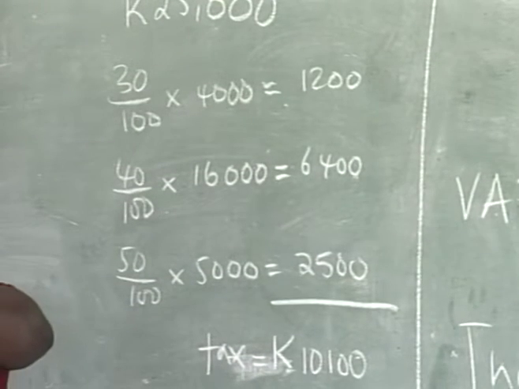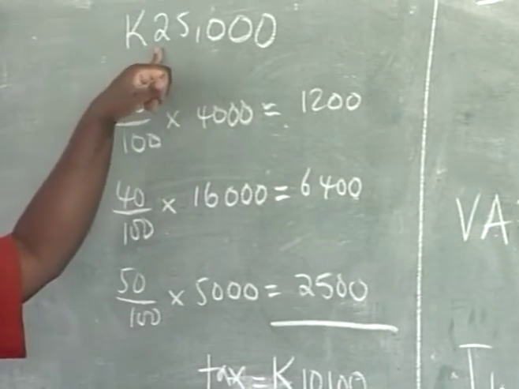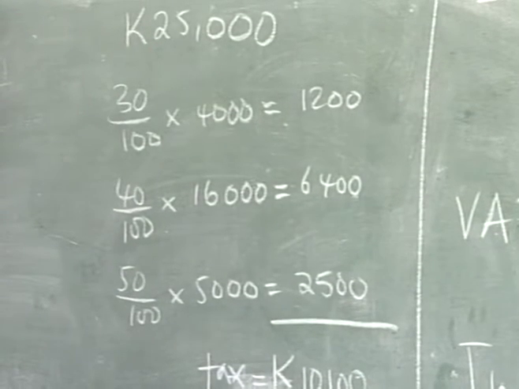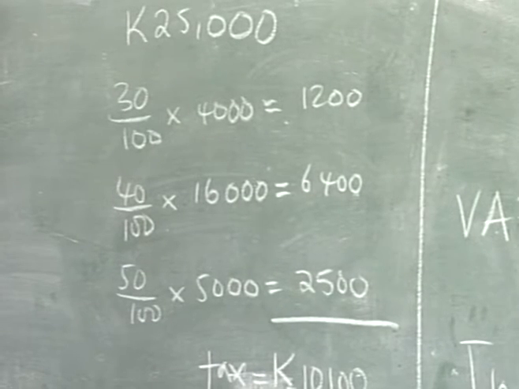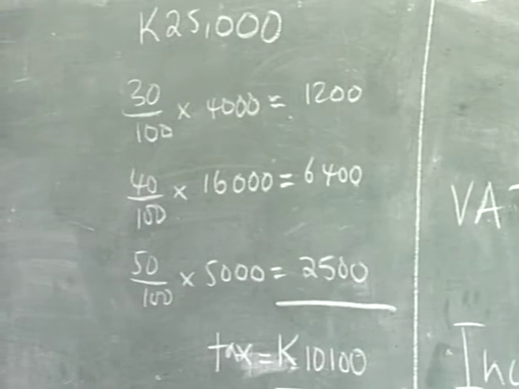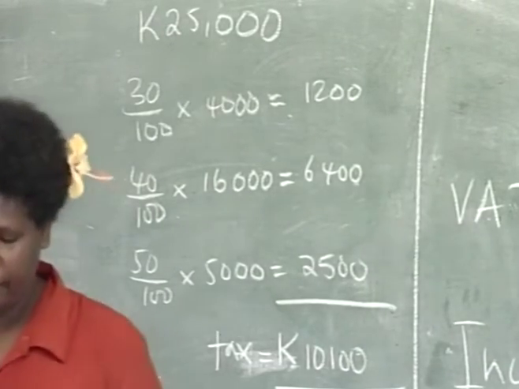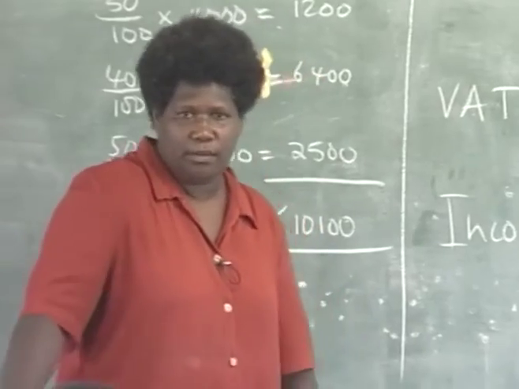What total percentage is that? 10,100 over 25,000 multiplied by 100, and we see how much total percentage is that. Around 40%? Okay. So 40% of 25,000 is calculated for tax.